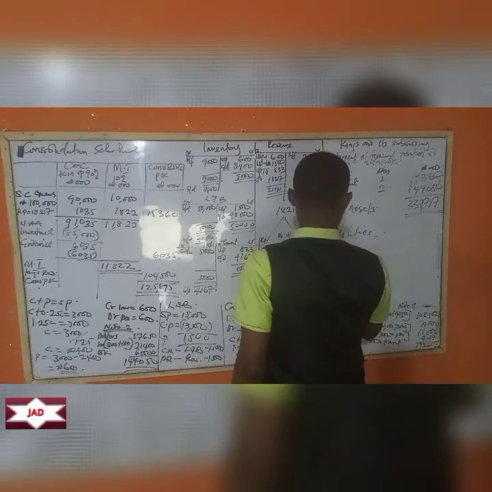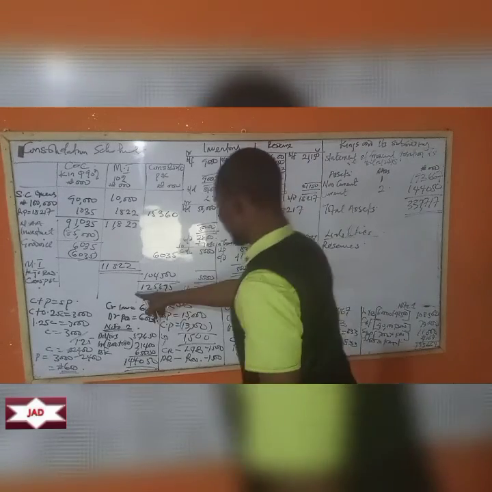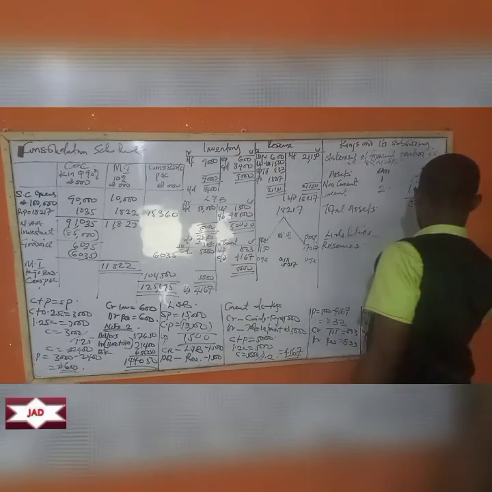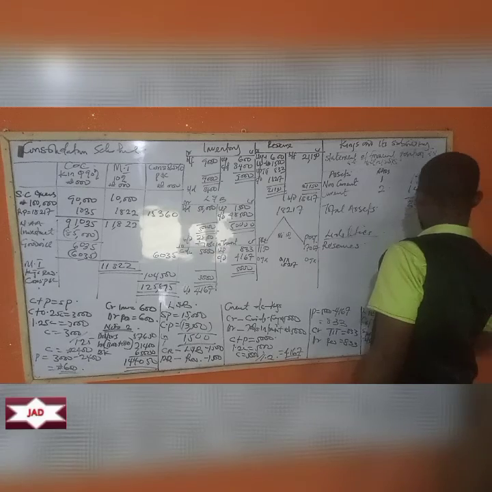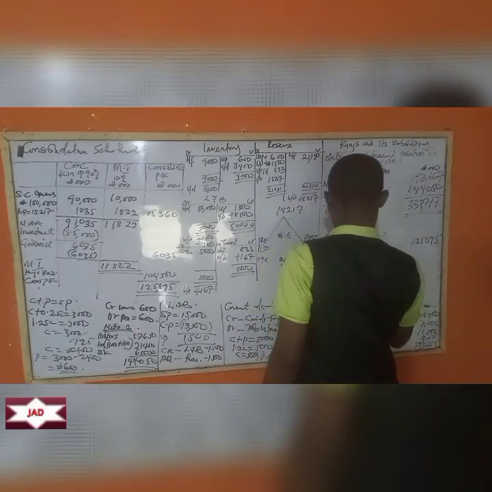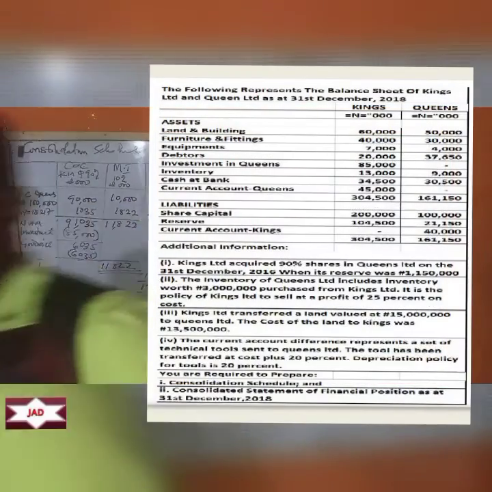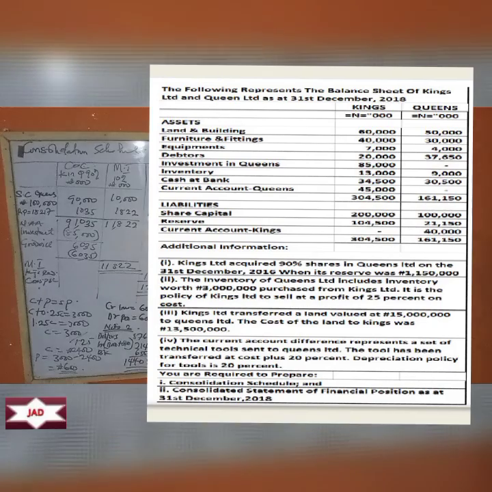Then the next one we have is the liabilities now. What's the first thing there? Let's say our reserve. What's our reserve? 125895. What's our share capital? Our share capital is 200,000.